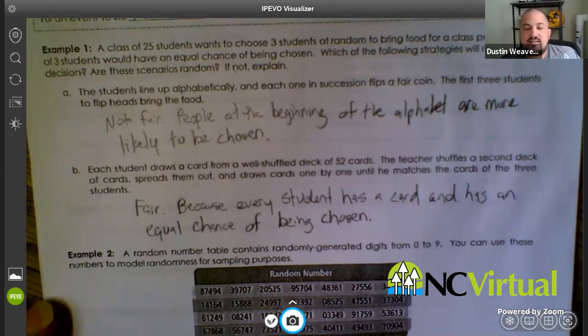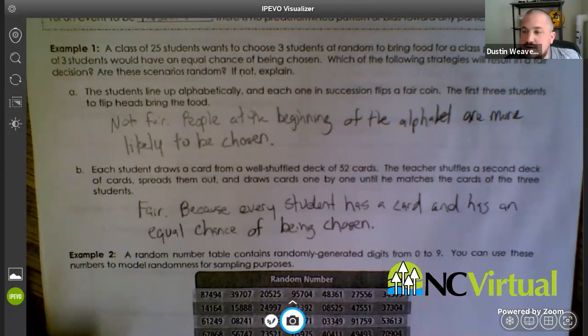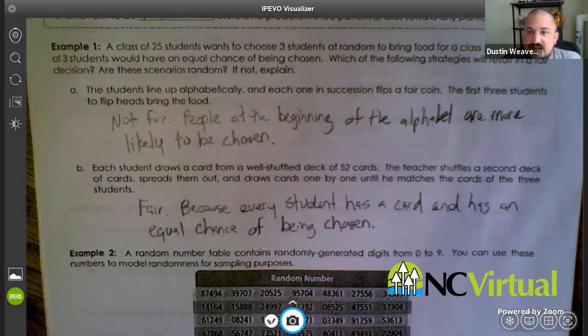So in this case, every student will end up getting a card. And I have a second deck of cards, so I have all the cards as well. And so everybody's going to get an equal chance of being selected. So that's what's going to help make this one fair and make this one random for us.